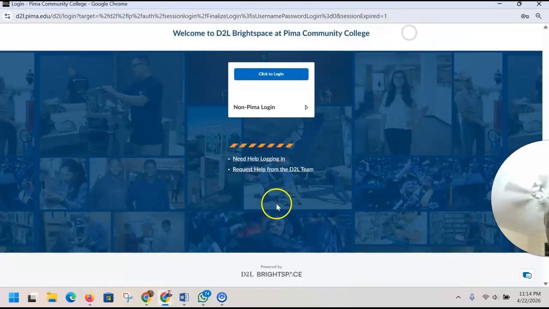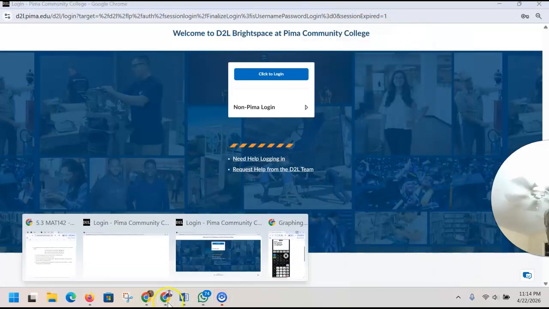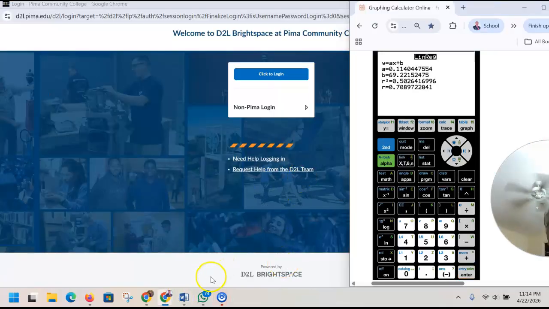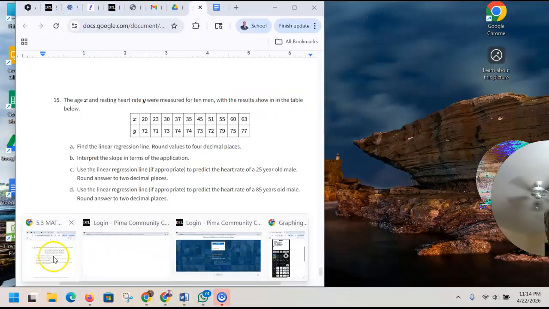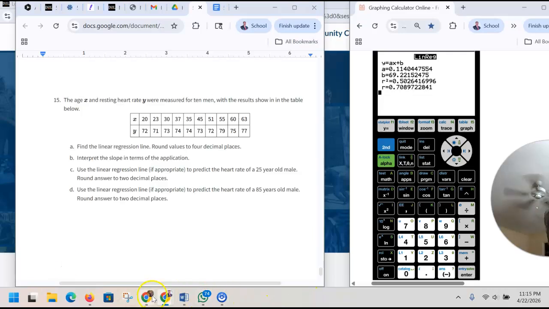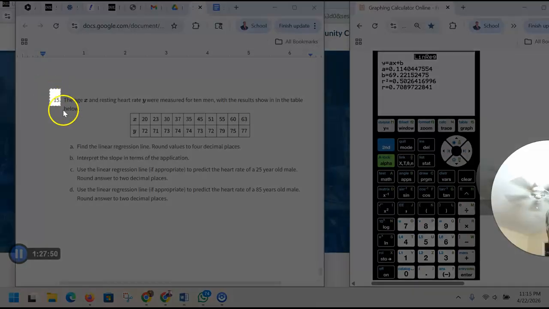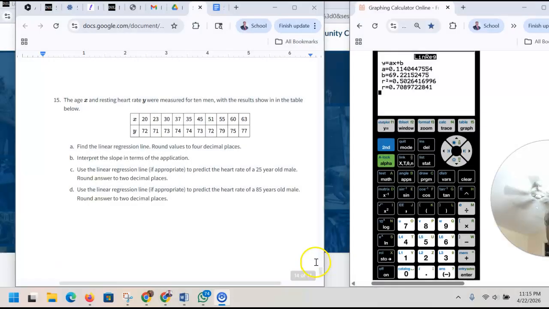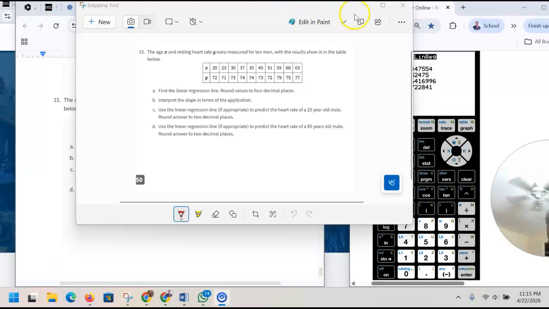With my calculator, everything got mixed up. Okay, and I have this over here. Now I have to write on this.